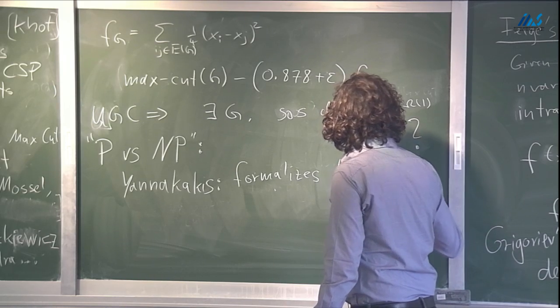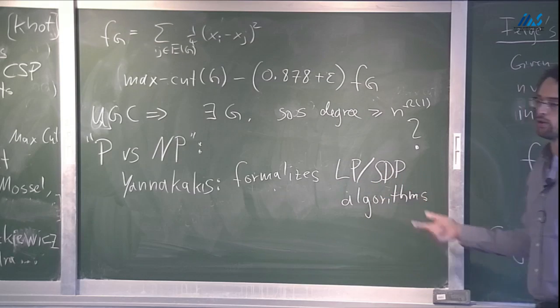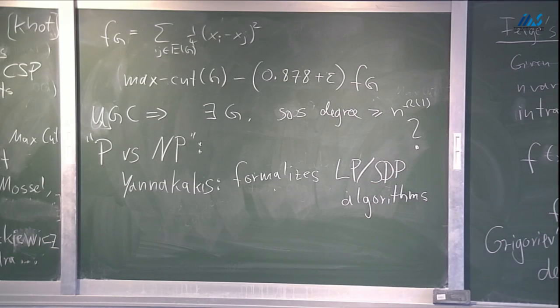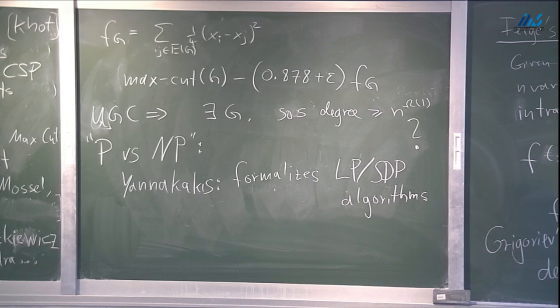So he formalizes what it means to use linear programming or semidefinite programming to try to solve a combinatorial optimization problem. And this is a very general class of algorithms.